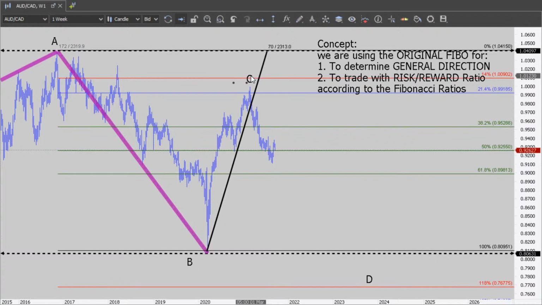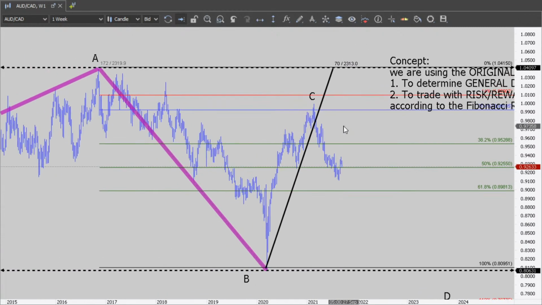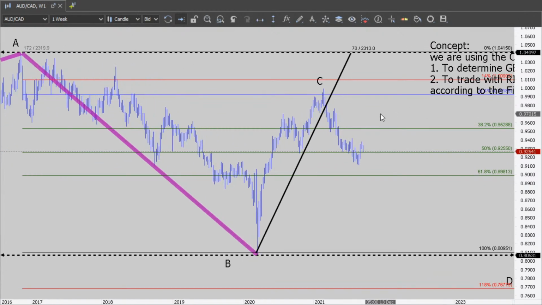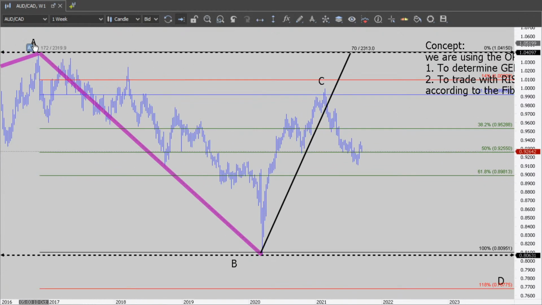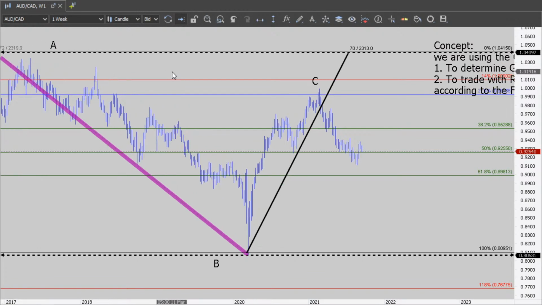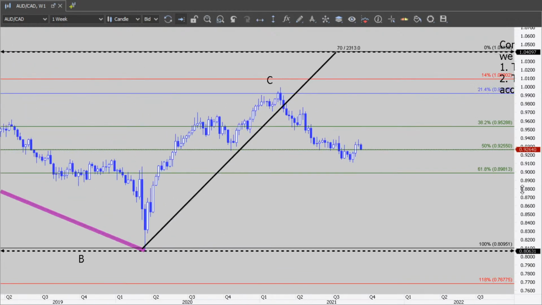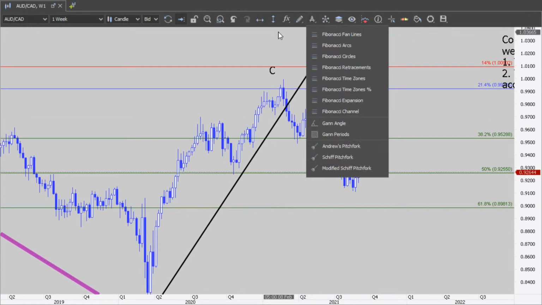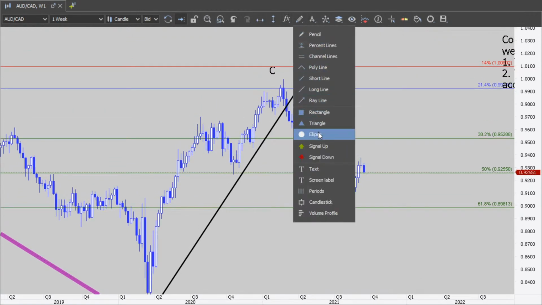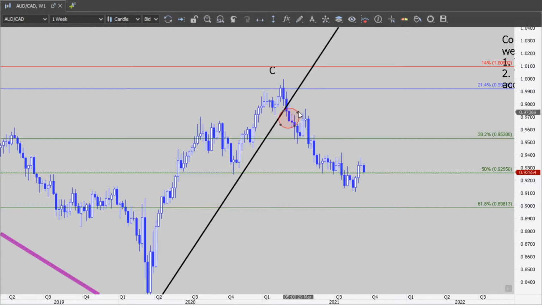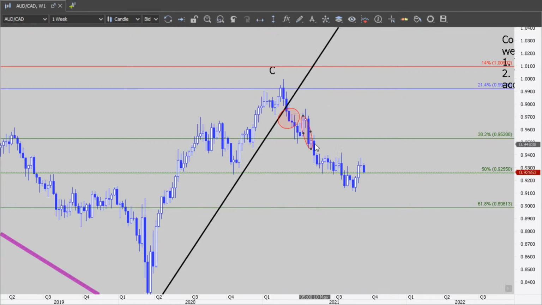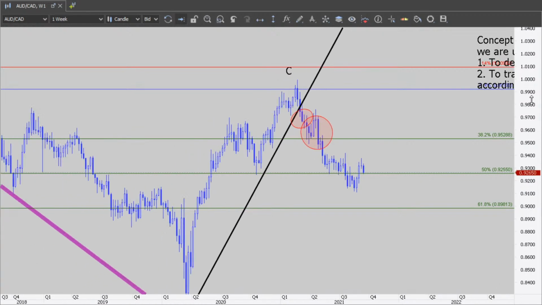This was the C. This is still the C. And talking about risk-reward ratio from the weekly standpoint, we had two entries. Entry number 1 was here and entry number 2 was here. Two entries.